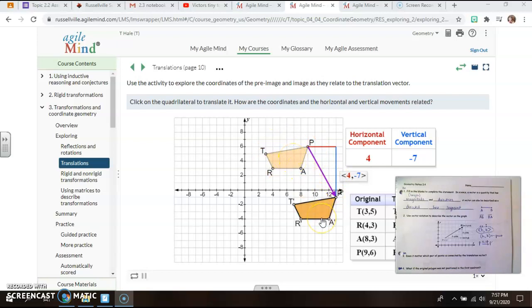The ones with the prime notation are your ending points. And so that lets you know what direction you're going and what sign to use in your vector. So hopefully that makes sense. If we were starting with T prime, for example, and going toward T, which we would never label it that way, but if we were going from this point to this point, then the signs on these numbers would change, because now I'm going left 4 and up 7.